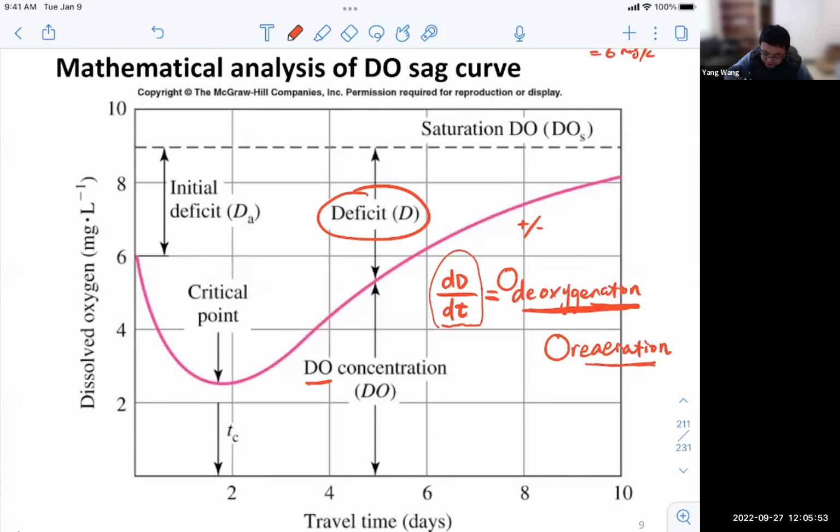Now if we try to evaluate the influence of these two terms, is the deoxygenation going to have a positive impact or a negative impact onto the deficit? Is it because the slope is increasing, so we have a positive?